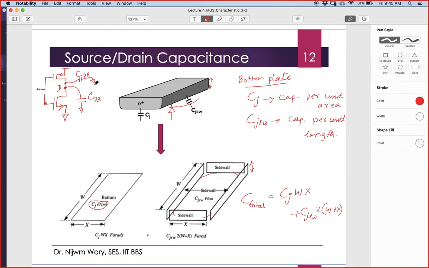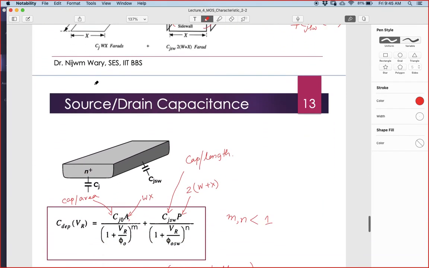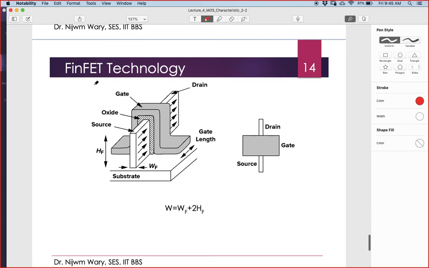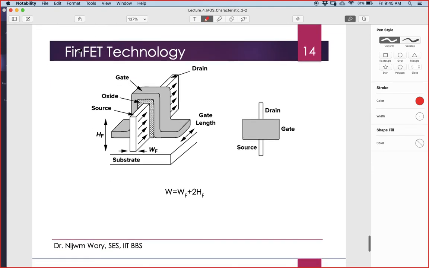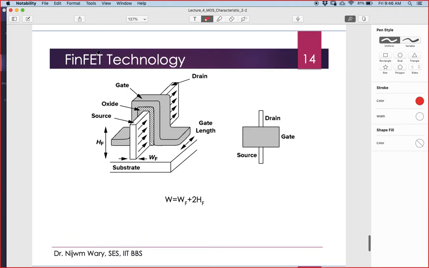But before that, I'd like to give a brief overview of a different technology known as FinFET technology, which is a little different from planar CMOS technology, but the operation is quite the same. Only the look is a little bit different.